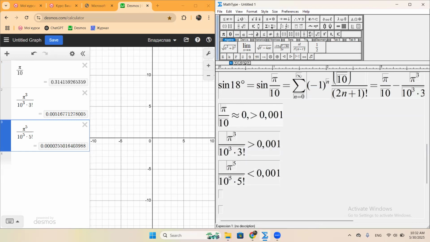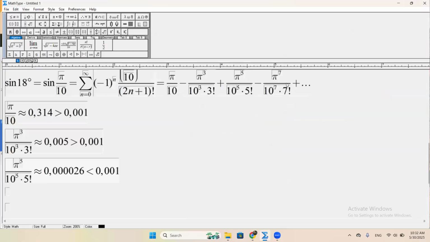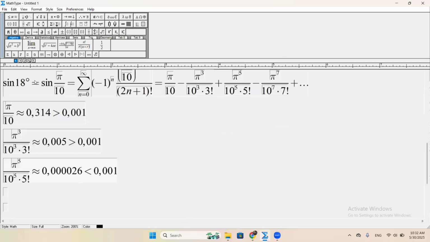So 0.314. Here 0.005, and here 0.000026, and it is less. So to calculate this value approximately, we will use only these two terms.